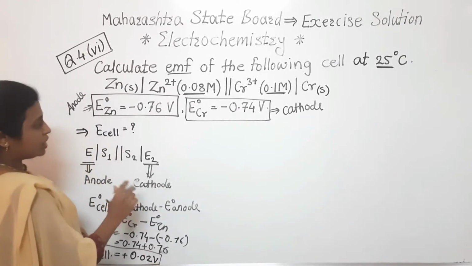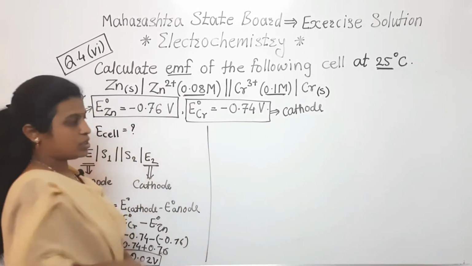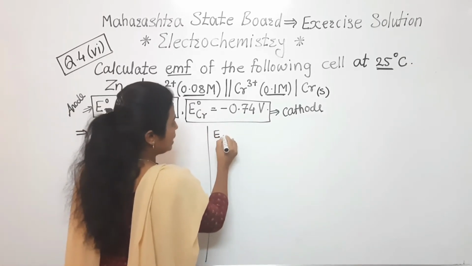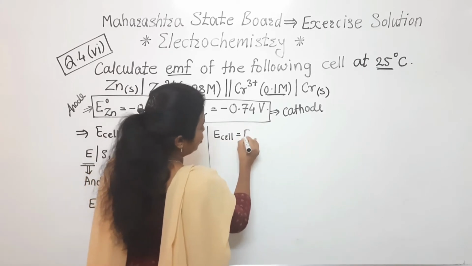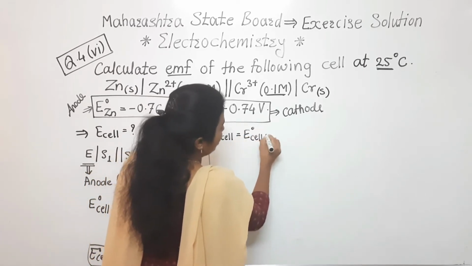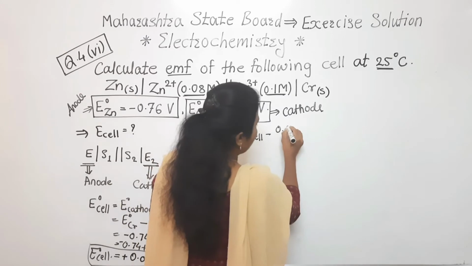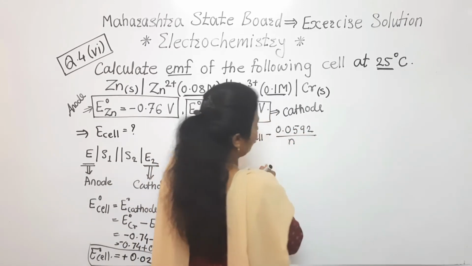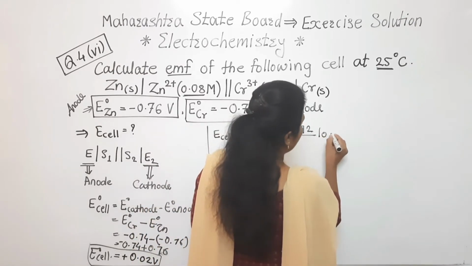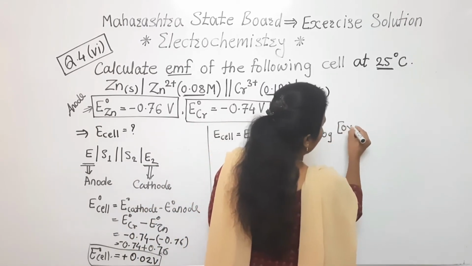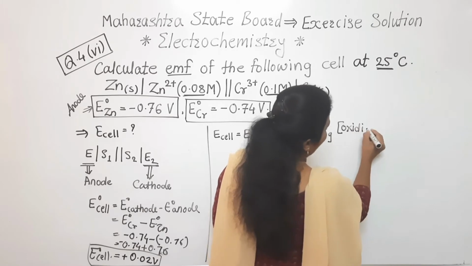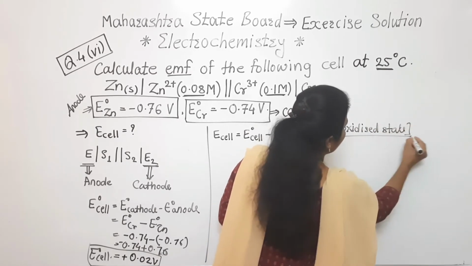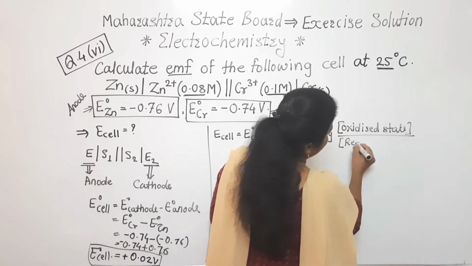Next one, here which formula do we have to use? Now I will tell you which formula we have to use. That formula is E cell is equal to E naught cell minus 0.0592 divided by number of moles of electrons into log of concentration of oxidized state divided by concentration of reduced state.